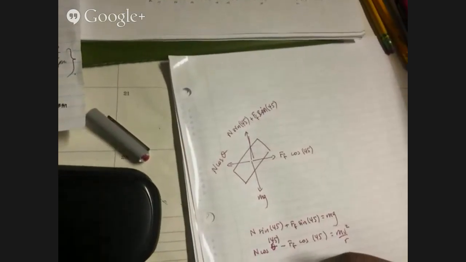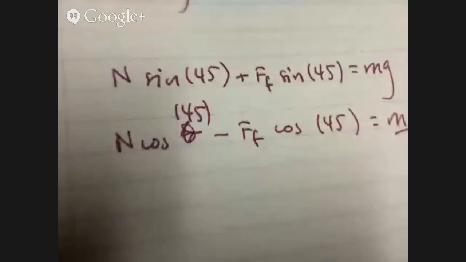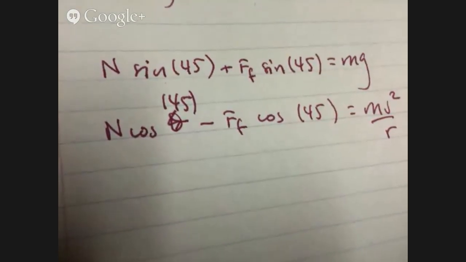The minimum means the block would be just about to move down. So what is the maximum amount of friction force that can be supplied? Mu N.